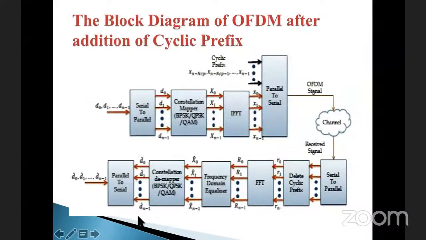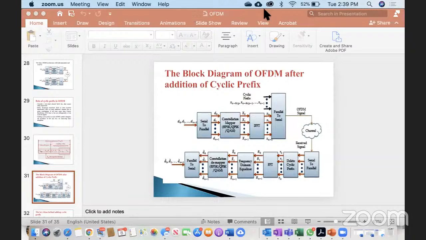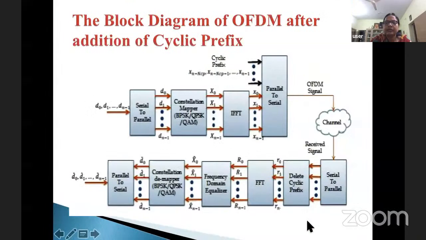And if you look at the total block diagram of the OFDM, that is the constellation diagram. From the block diagram of OFDM, after addition of the cyclic prefix, the only extra addition is that we have added a cyclic prefix at the end of the frame.